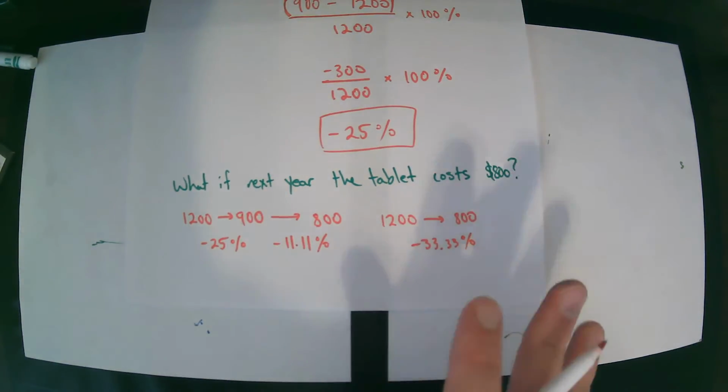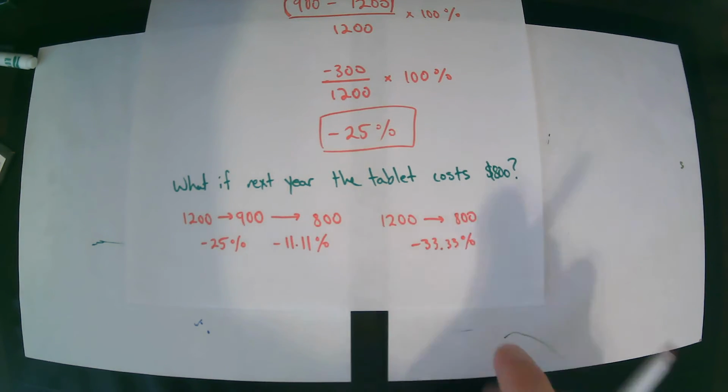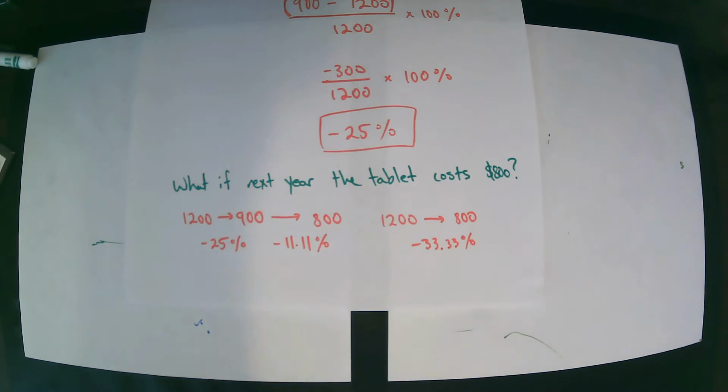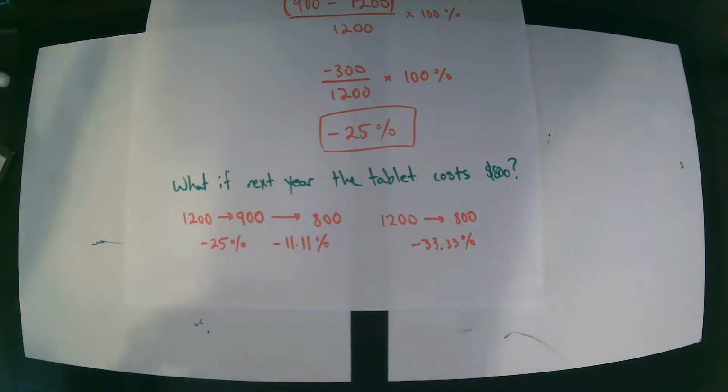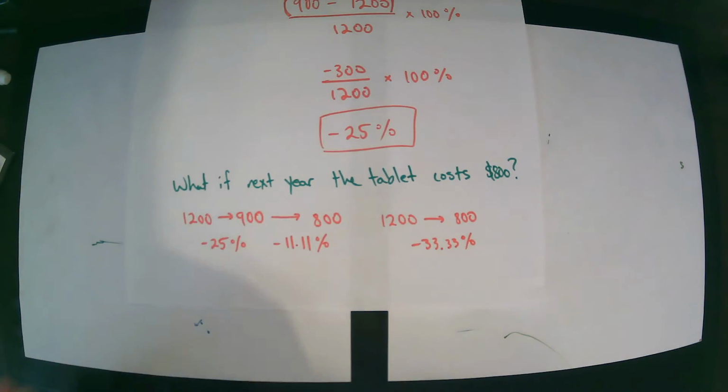So there are 3 different types of percentage decreases going on here if a question like this is asked. Be wary of that. When you've got multiple years going on and you're asking for a percentage decrease or increase, be absolutely sure of which year to which year, or whatever the context is, they're asking for.